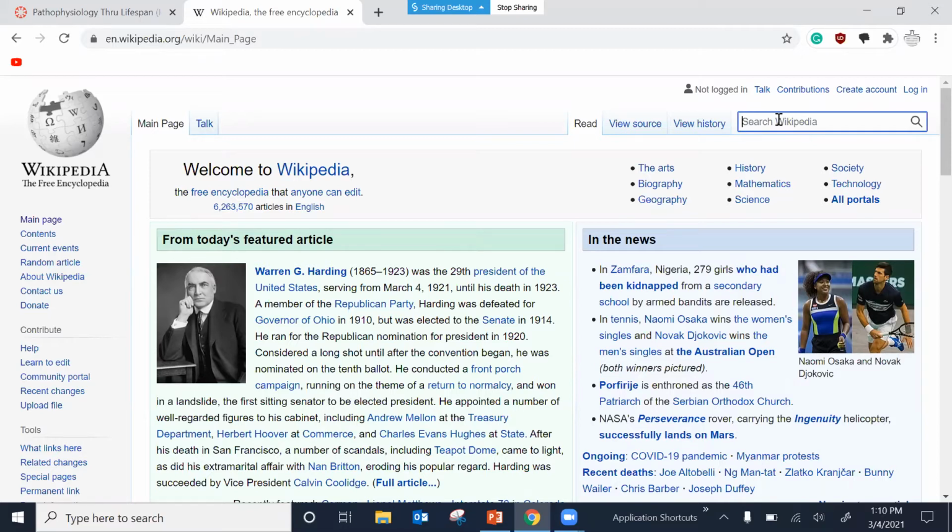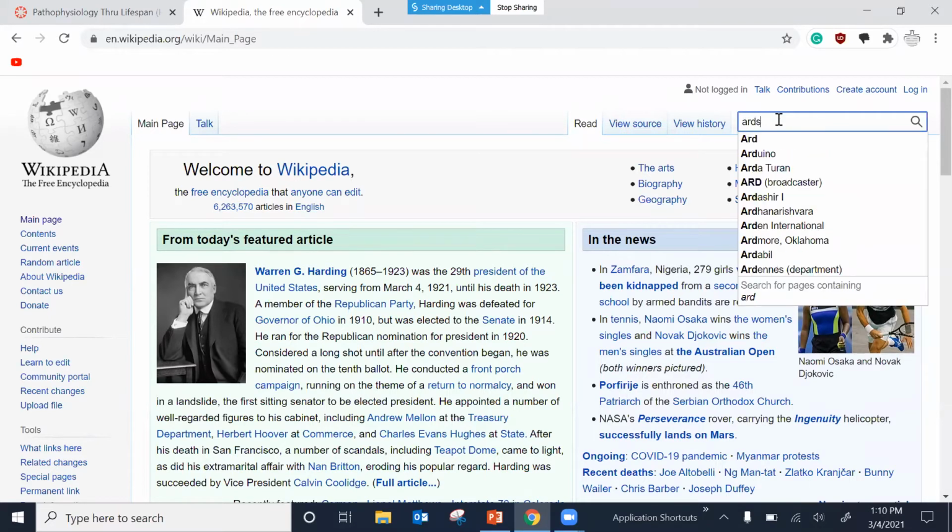If somebody does put something ridiculous in a Wikipedia page, it usually only stays up for about 24 hours. But just keep in mind, you can't cite Wikipedia. But when there's a new disease process that I want to thoroughly understand, this is where I start.